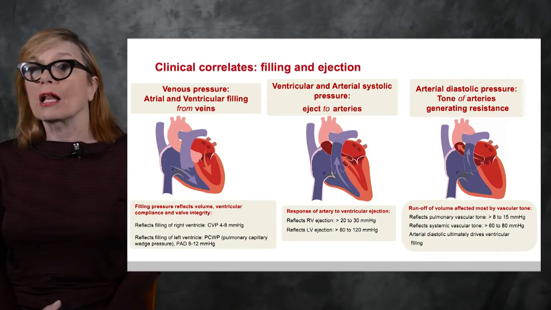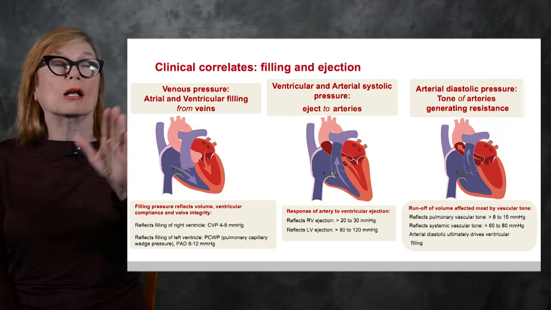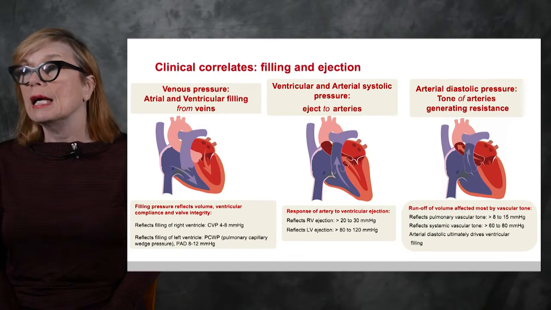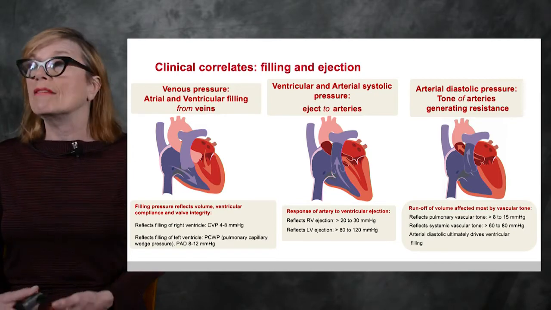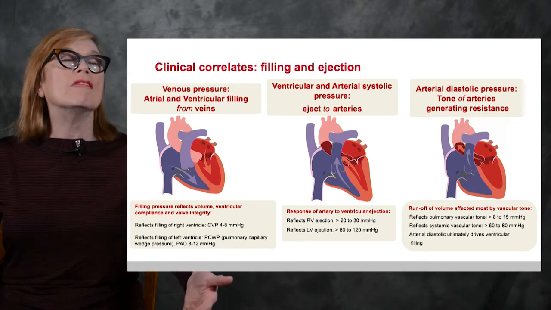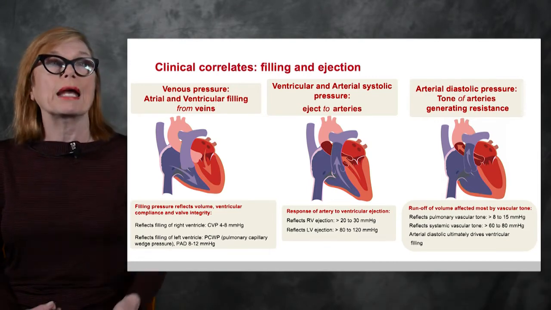Arterial diastolic pressure. Now, diastolic pressure in the artery, remember, is different than diastolic pressure in the ventricle. Diastolic pressure in the artery is a reflection of the tone of our arteries, meaning if the artery is dilated, the diastolic pressure will be lower, and if the artery is constricted, the diastolic pressure will be higher.